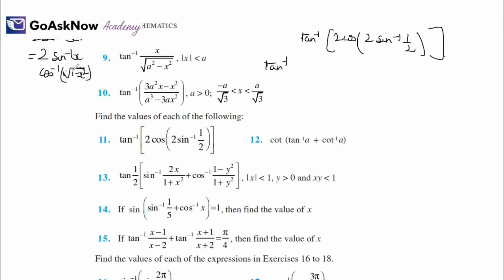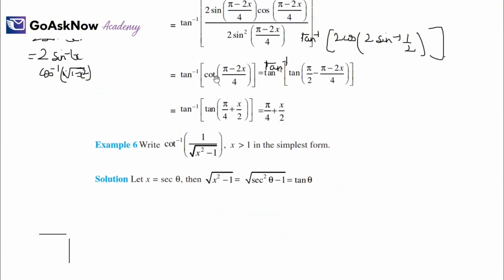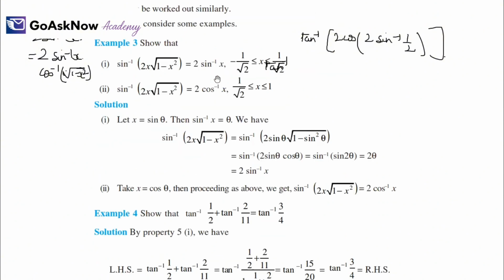So let's do that and find out the result. Yes, this is the formula for 2 sine inverse x. Just a second, I have not written it correctly. Your 2 sine inverse x formula is equal to sine inverse of 2x into root 1 minus x square.